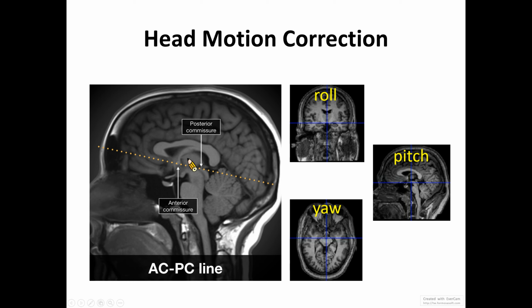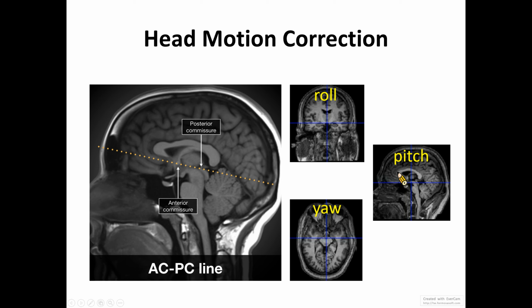The way we do this is, for example, the ACPC line. The AC means the anterior commissure, which is one of the important anatomical structures in our brain. And there's also the posterior commissure here. So we need to align this ACPC line and adjust the pitch of the brain.